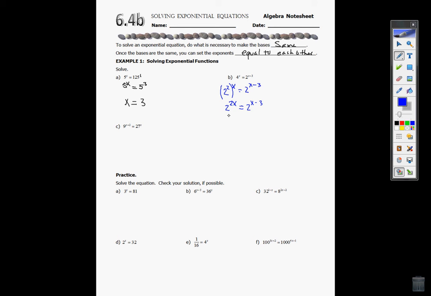It's not as intuitive as the last one, where it just said x equals 3, but it still won't be too difficult. I can set the exponents on this side, 2x, equal to the exponents on this side, x minus 3. And now I have a much simpler algebraic equation that I can solve. I subtract x on this side, and from the other side. 2x minus an x gets me 1x, and it's equal to what's left over here, negative 3.